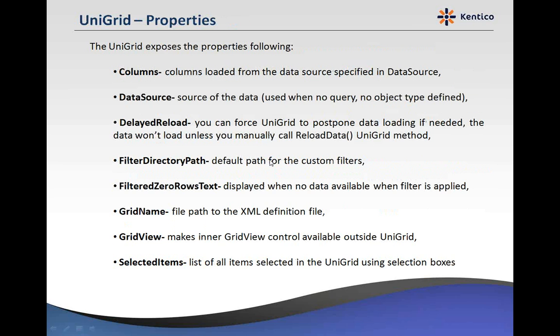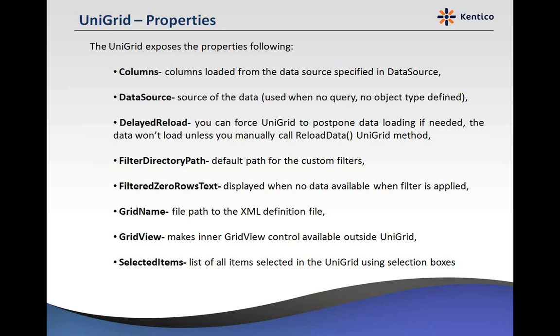All right, so we are getting quite short on time. So let's quickly take a look at UniGrid properties. The UniGrid exposes several properties. I haven't listed all of them in here. Instead, I have mentioned the ones that I feel are important for you to know.